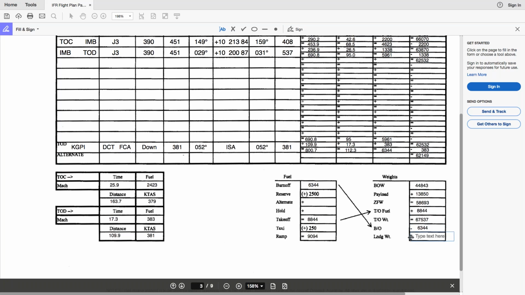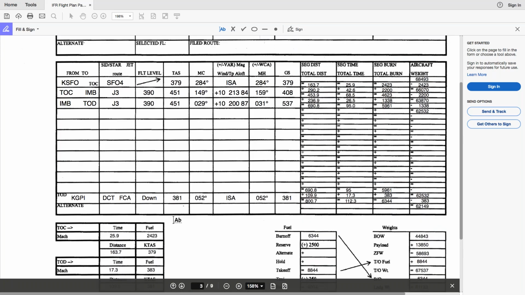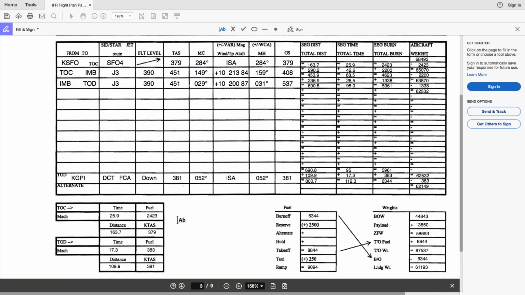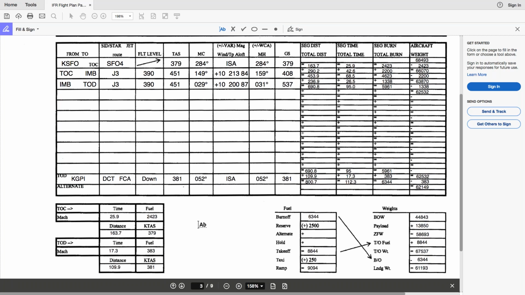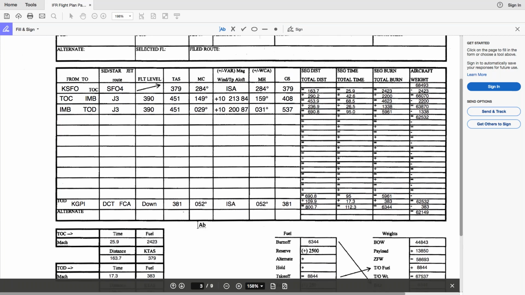Our landing weight, when we subtract the 63.44, 67,537 minus 63.44 is 61,193. That's the page where the magic happens. Yep, exactly.